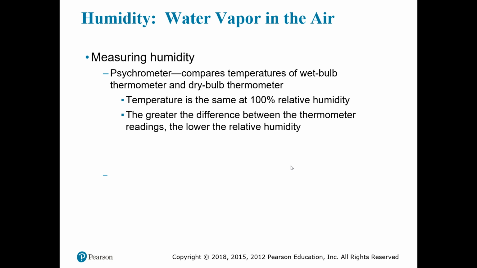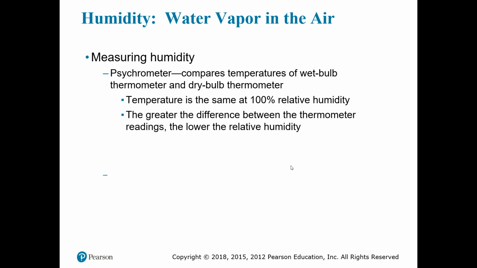If a lot evaporated, you're going to get a much cooler bulb. So this brings us to why the temperature would be the same if the relative humidity were at 100%. If the air was already saturated, you're not evaporating water off of that wet bulb at all. So it's not going to cause cooling, and therefore the temperatures would be the same.